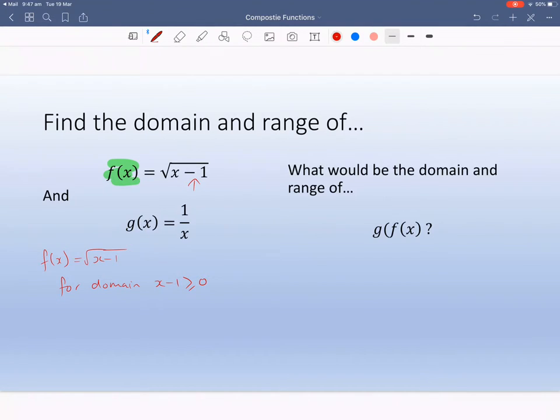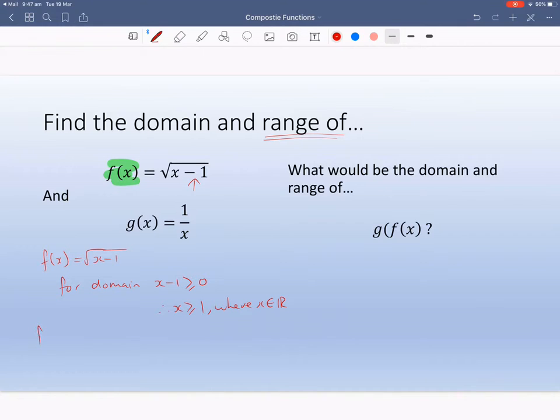It can be 0. So we just solve for it. Therefore, x is greater than or equal to 1. Okay, so the domain is that for real values, where x belongs to the real values. And range will be applying, but in these examples we're not going to look at range.